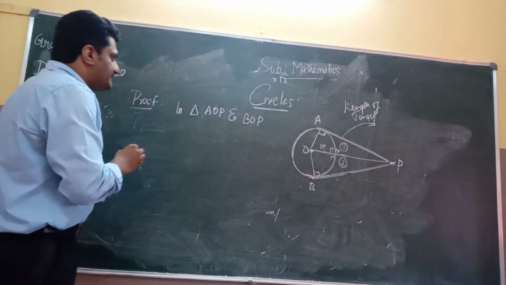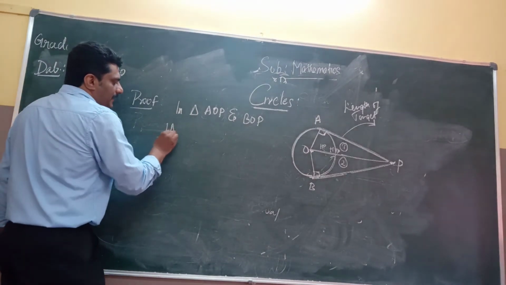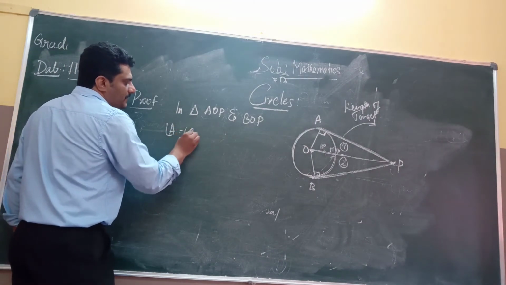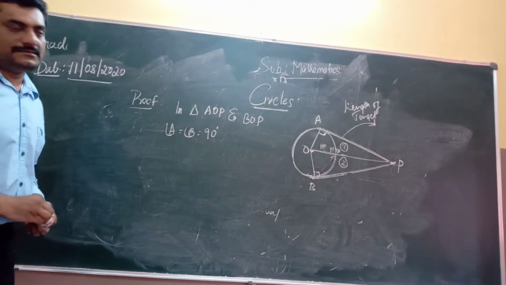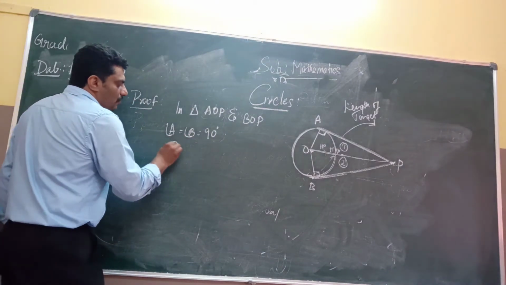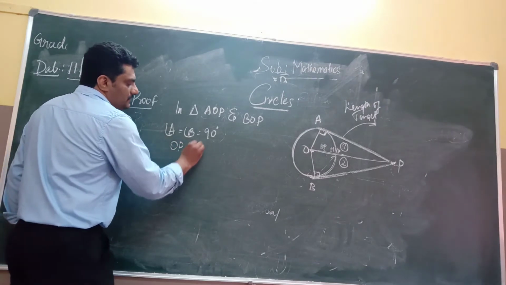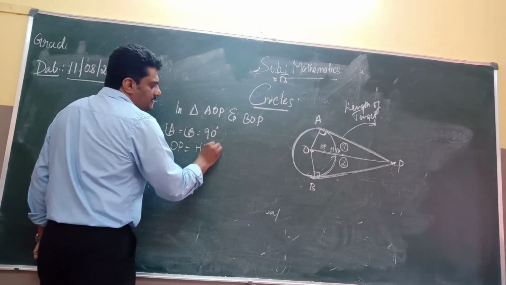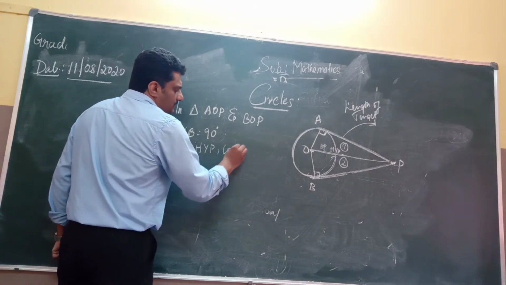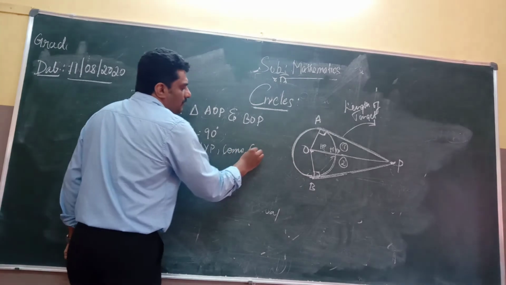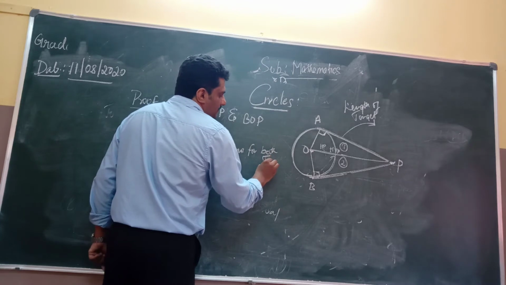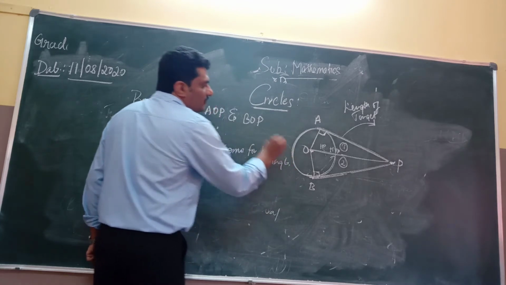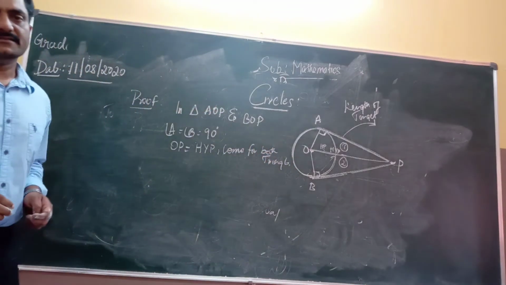Correct? So we can start with angle A is equal to angle B is equal to 90 degrees. Done with this? Second, OP is equal to OP, hypotenuse common for both triangles. Is this correct?